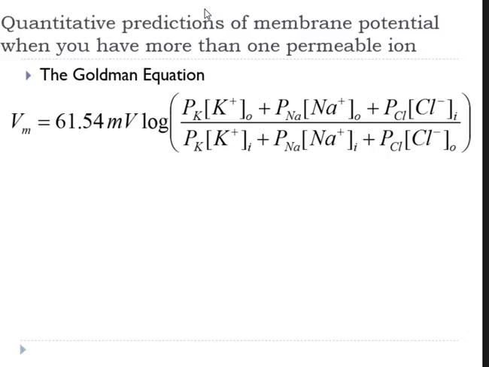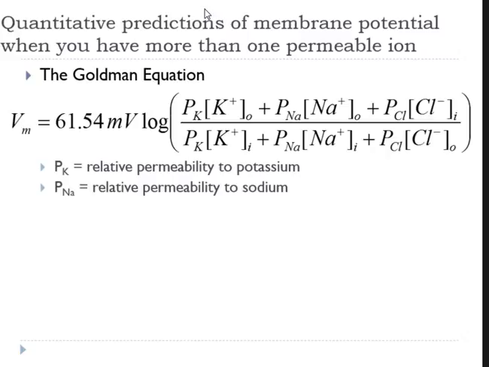So just to run down the terms, the other thing, in addition to having more than one ion present, is we also have these direct measures of permeability, and it's a relative permeability, so it's a unitless value. It's all relative. The way this works is it's always going to be the permeability of one ion versus the other.